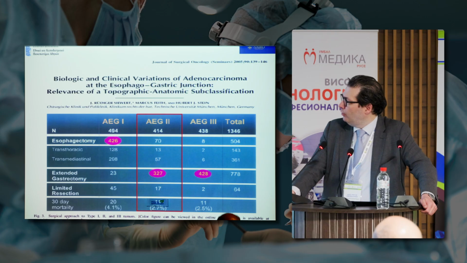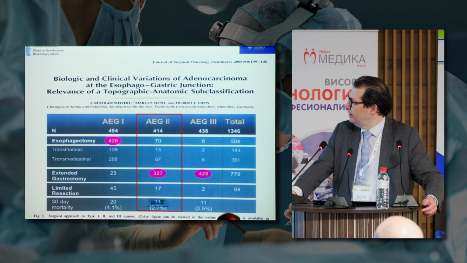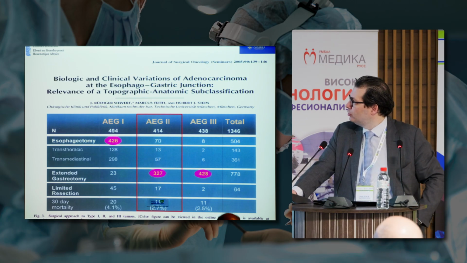This is the table of the index publication by Siewert and Stein around 25 years ago. In those days, most of the type 2 tumors were operated through an extended total gastrectomy.